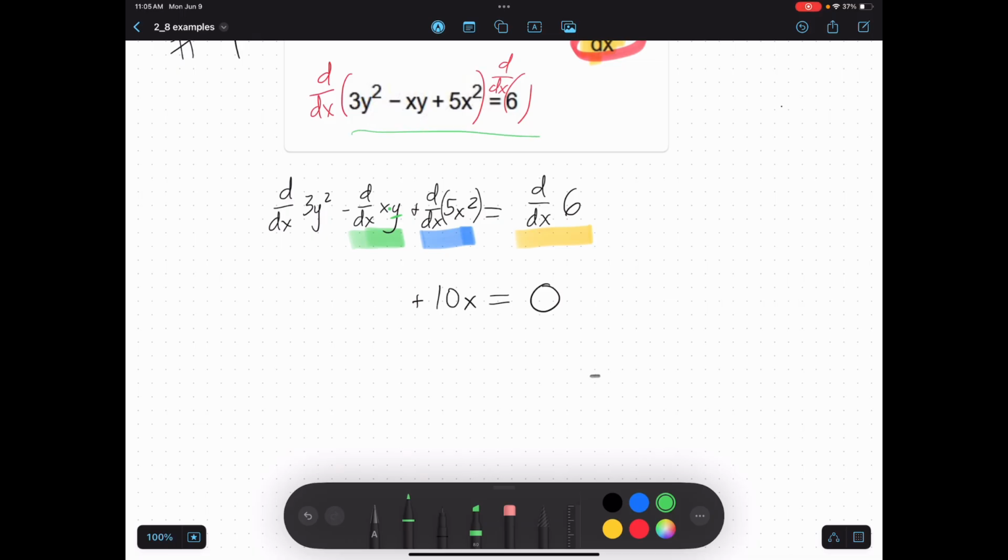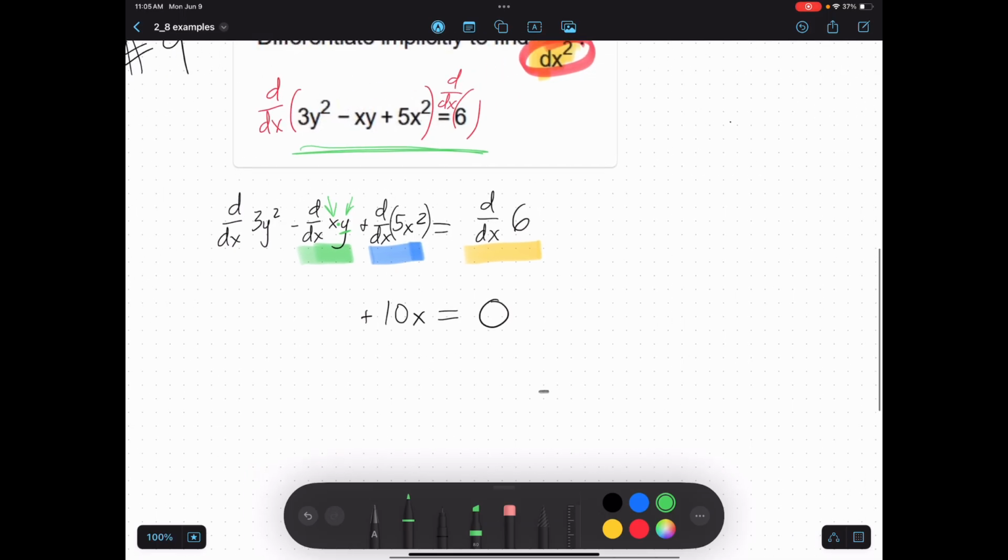That's what this equation tells me, is that y depends on x. So that means this is a function of x. But so is x. Both of those are functions. And what happens when we have two functions multiplied by each other and we take the derivative? We have to use product rule. So for this function, we have to use product rule.